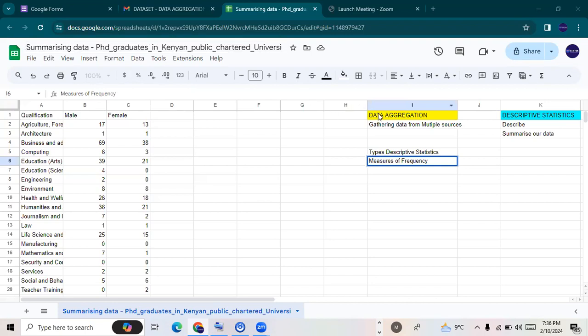We are on data aggregation and descriptive statistics. Evelyn said data aggregation is gathering data from multiple sources.